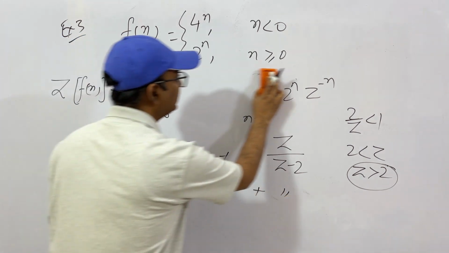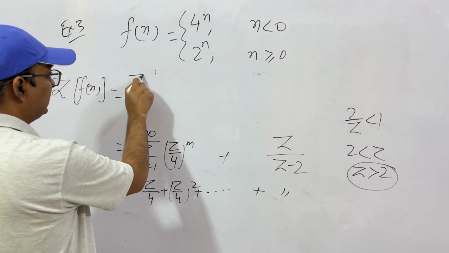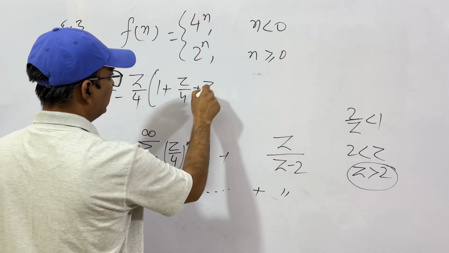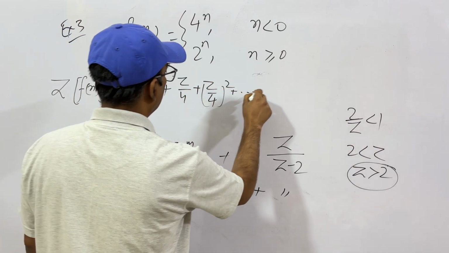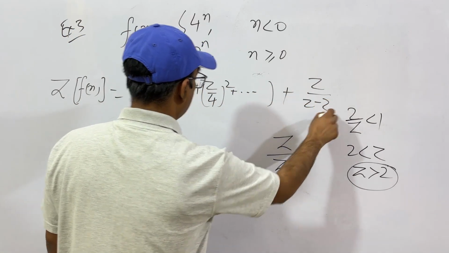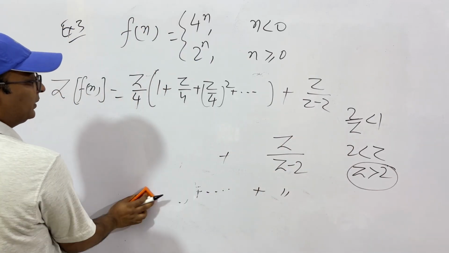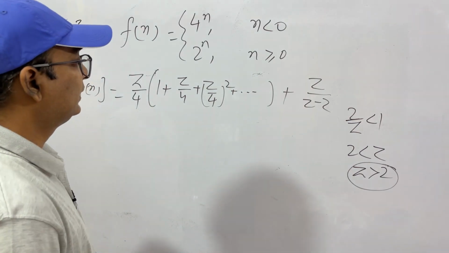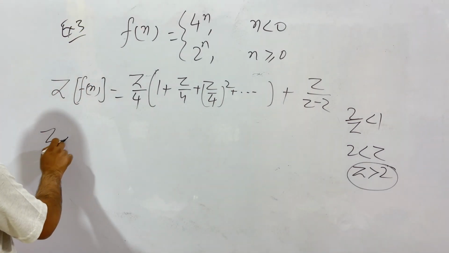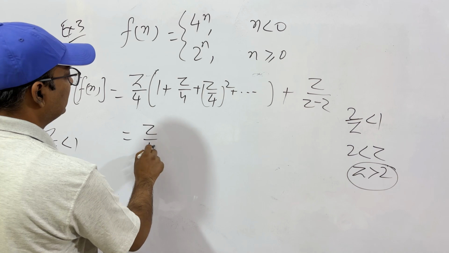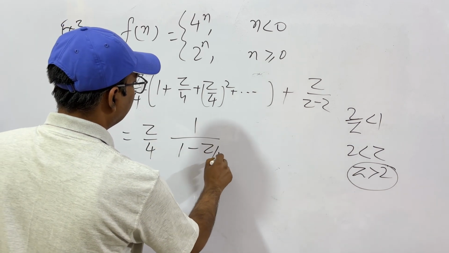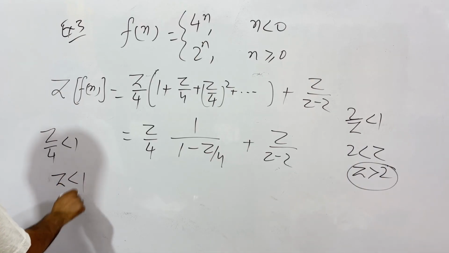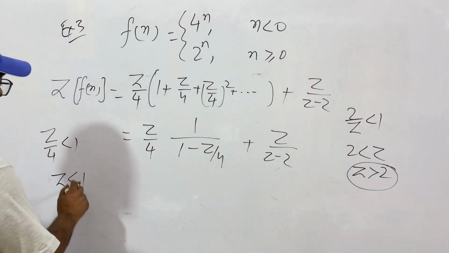If you take z by 4 outside of this, you get 1 plus z by 4 plus (z by 4) square, and so on, and then you have this value, z by z minus 2. This is geometric progression, and if the ratio, z by 4, is less than 1, then this can be written as 1 by 1 minus z by 4, and this you have z by z minus 2. This you understand? So from here z is less than 4.